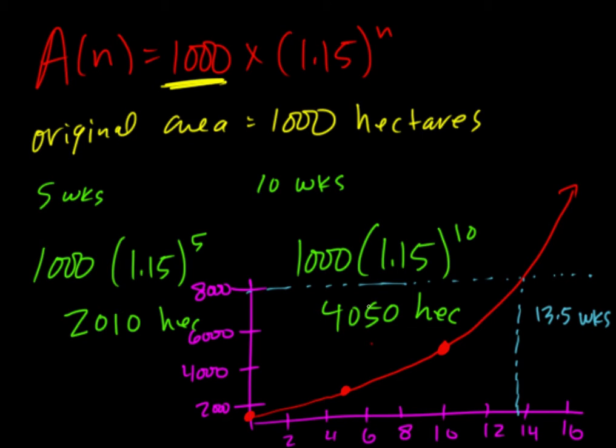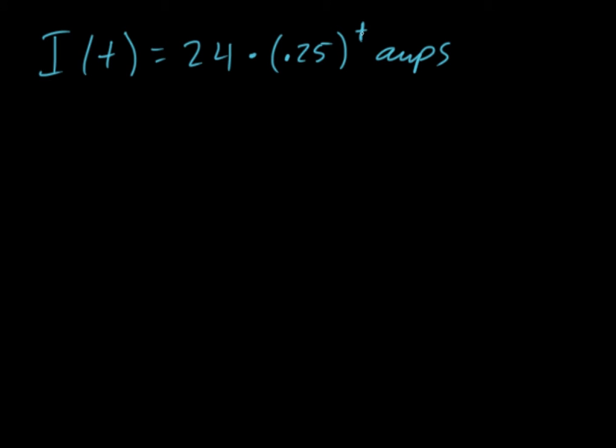Okay. And it looks like we have just one more. This time it says when a diesel electric generator is switched off, the current dies away according to the formula. So this is how the current, like the electrical current, dies off, in amps, and T is seconds.